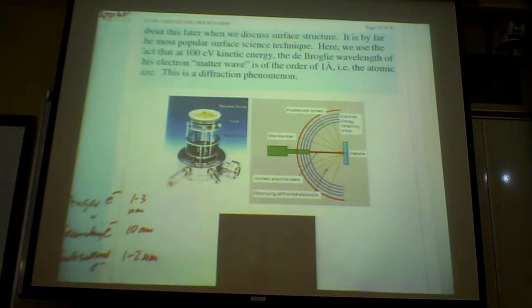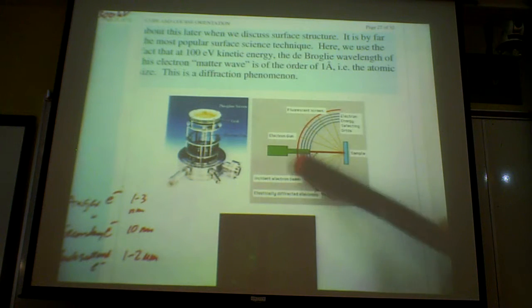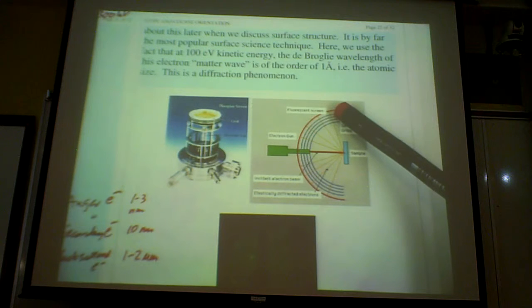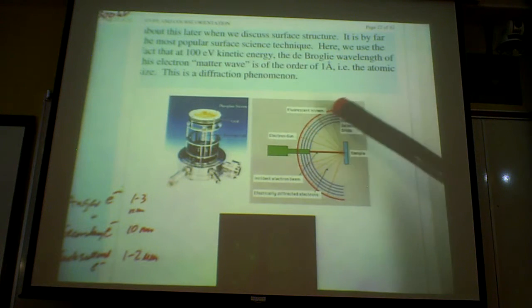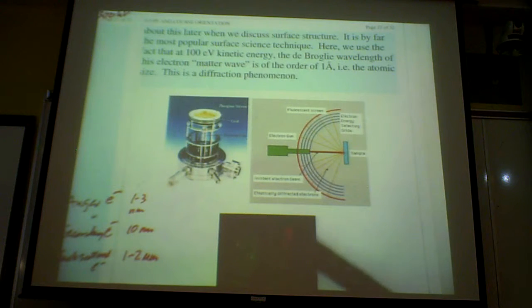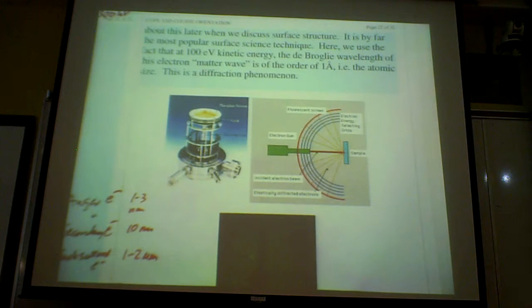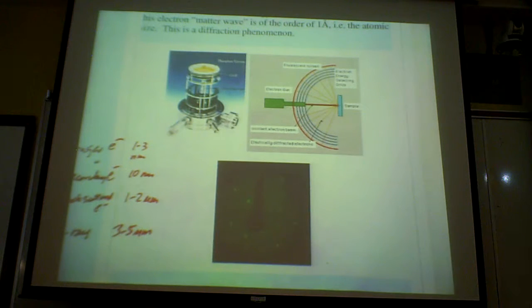If you look at the phosphorus screen at the back end, you would detect this. All these slow moving electrons, and between the last grid and the phosphorus screen, there's a high voltage that accelerates these slow moving electrons to several kilovolts, several thousands of volts, and they impinge on the phosphor, and you can see it visibly by your bare eye. So you see all these little spots. Maybe you can barely see it on the screen.